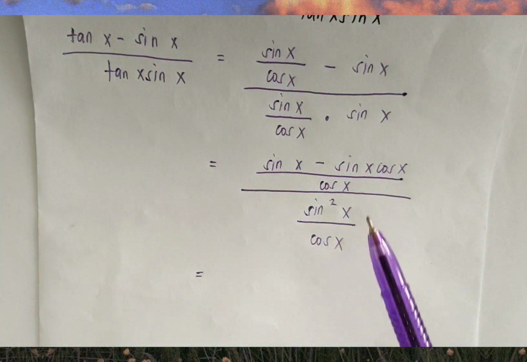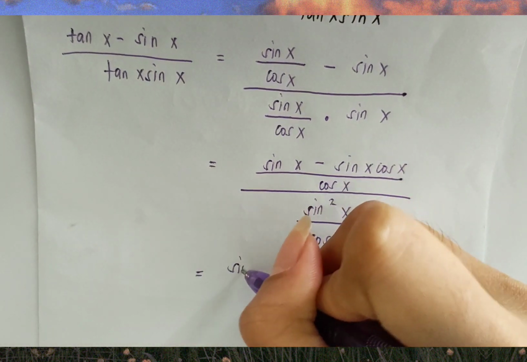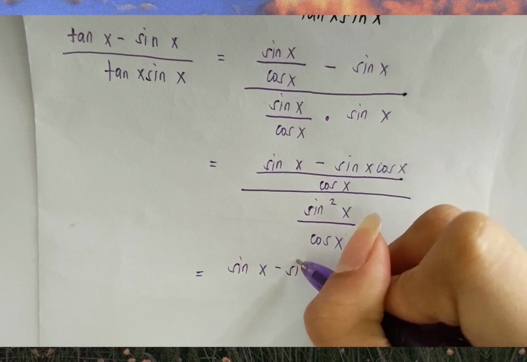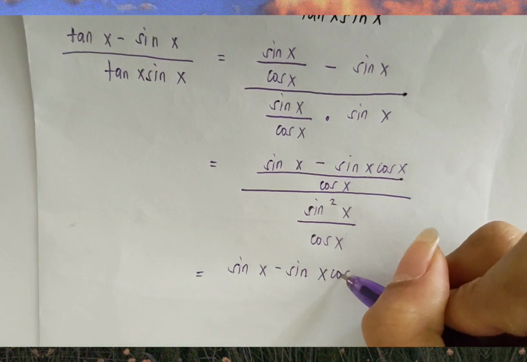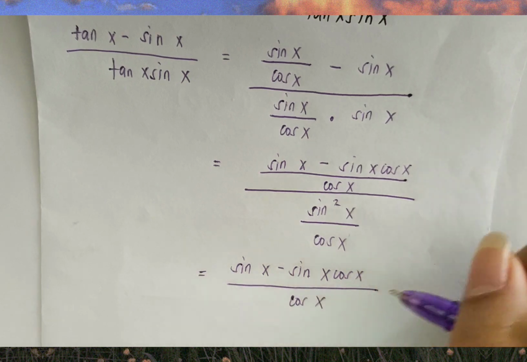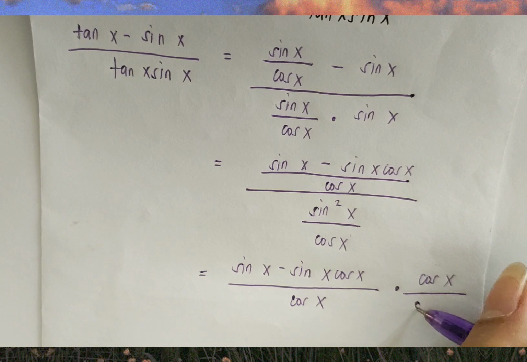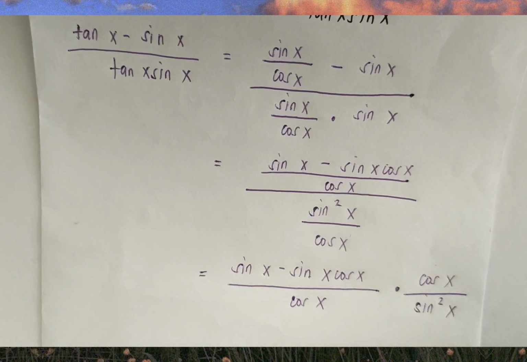Okay, you analyze. So we have here sine x minus sine x cosine x all over cosine x times cosine x all over sine squared x.